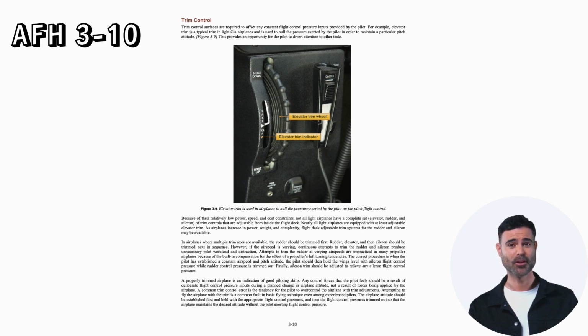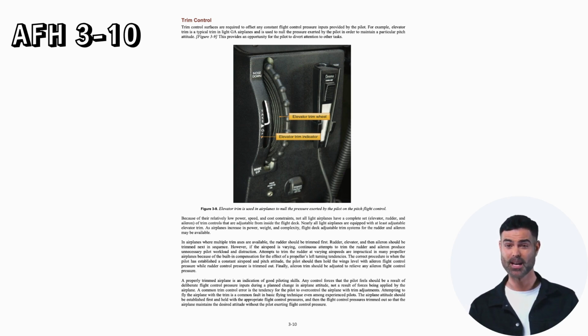A properly trimmed airplane is an indication of good piloting skills. Any control forces that the pilot feels should be a result of deliberate flight control pressure inputs during a planned change in airplane attitude, not a result of forces being applied by the airplane. A common trim control error is the tendency for the pilot to over-control the airplane with trim adjustments.